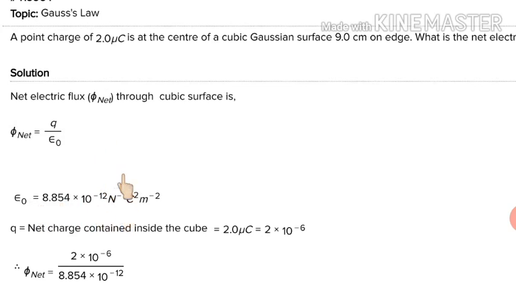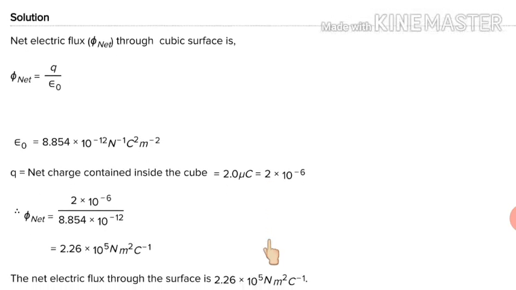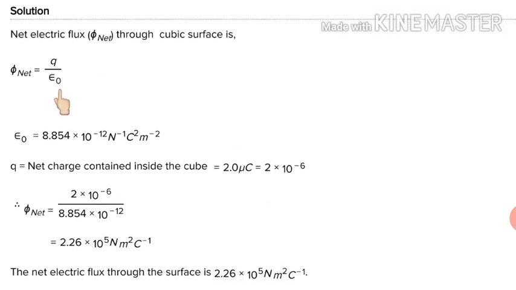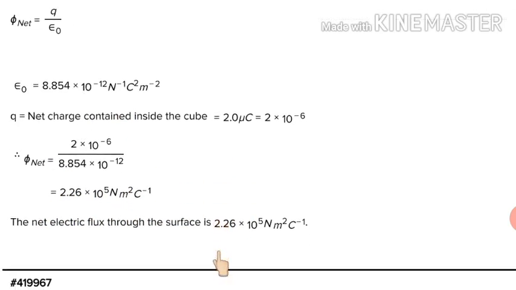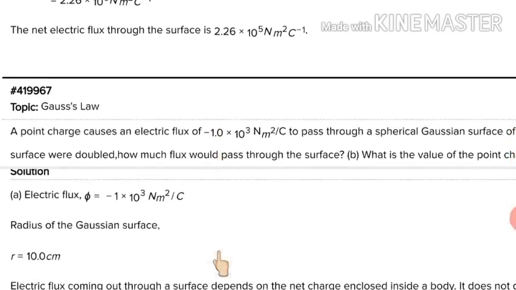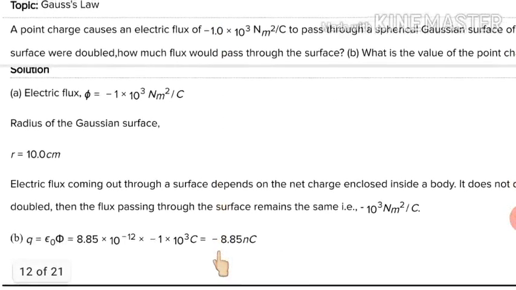Epsilon naught is constant. Q is given, that is 2.0 microcoulomb, that is 2.0 into 10 to the power minus 6 coulomb. So in place of Q and epsilon naught we have written these values, and when we solve it, finally we have phi equal to 2.26 into 10 to the power 5 Newton meter square coulomb inverse. So this was an easy question. Next question is this.